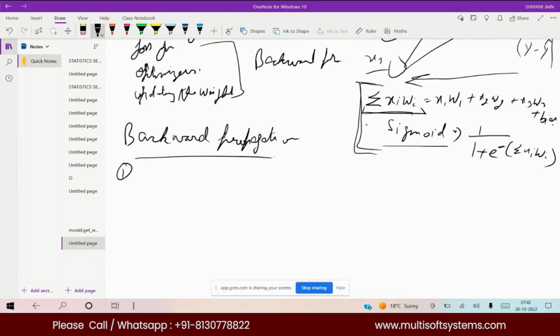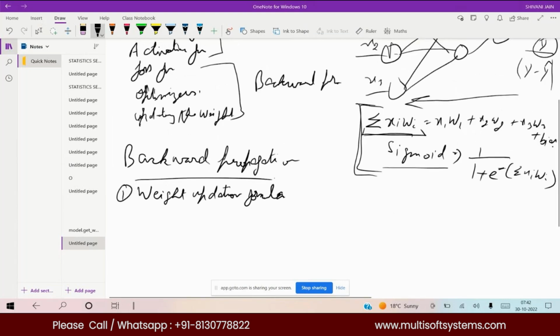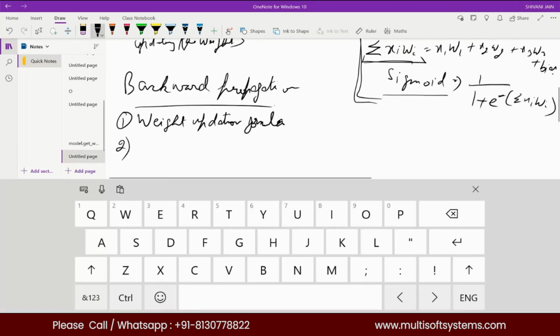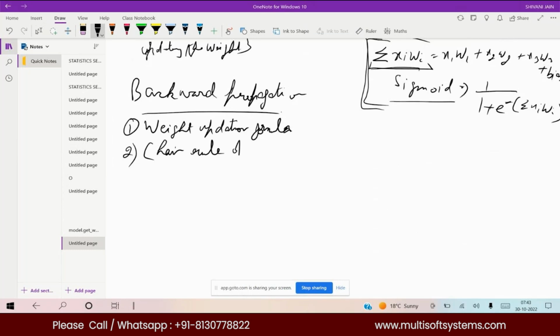First is updating the weights, which is called the weight updation formula. Because when we are updating the weights, there should be some formula by which we can update them. We cannot randomly put any weight. And second is the chain rule of differentiation.